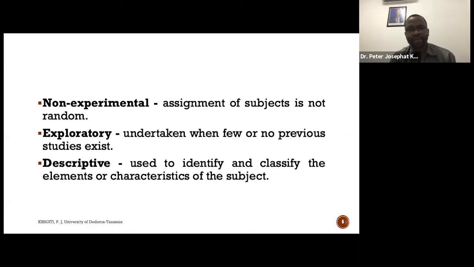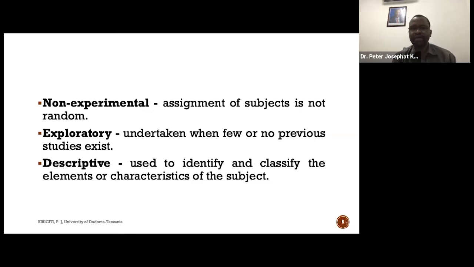They can be education, health or agriculture strategies and interventions. In most cases, the subjects to participate in those projects are not assigned randomly. So it is recommended that you go for the non-experimental design.